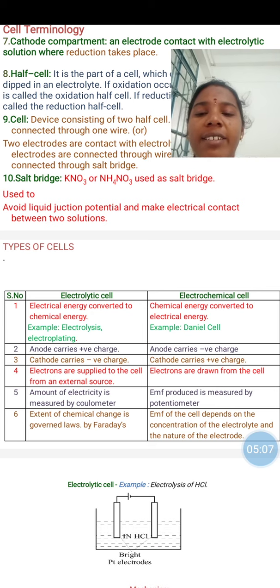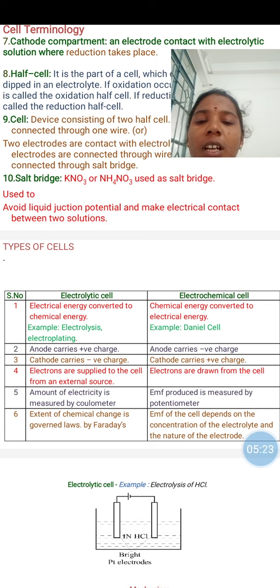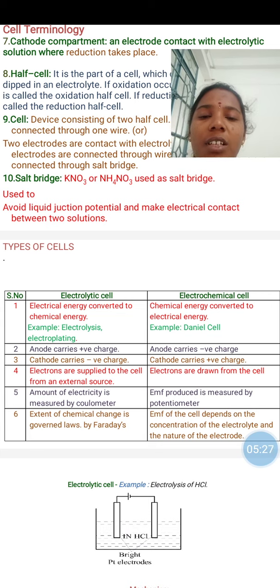Second, in an electrolytic cell the anode carries positive charge, and in an electrochemical cell the anode carries negative charge. Third, in an electrolytic cell the cathode carries negative charge, and in an electrochemical cell the cathode carries positive charge.